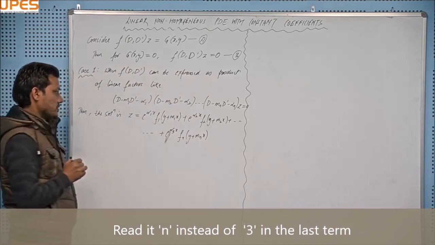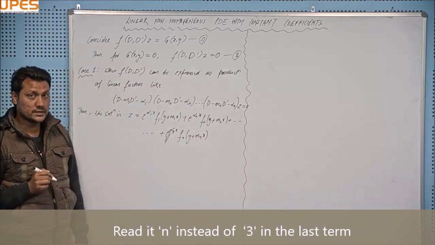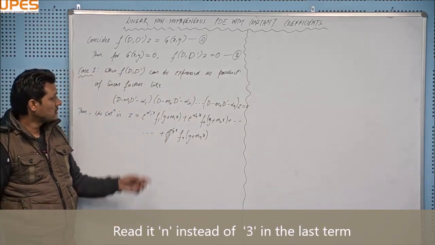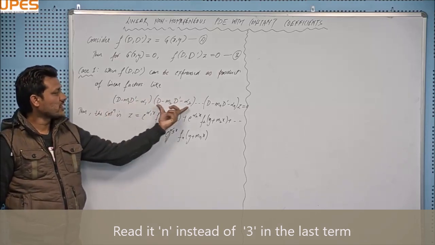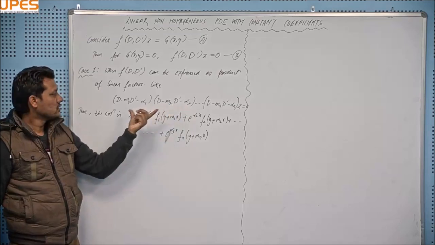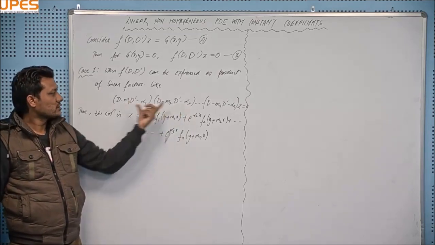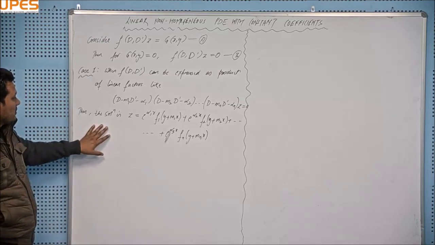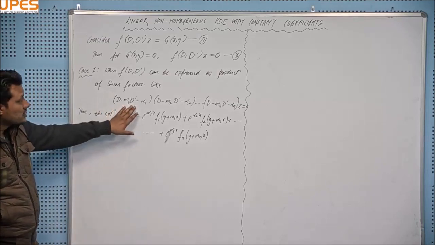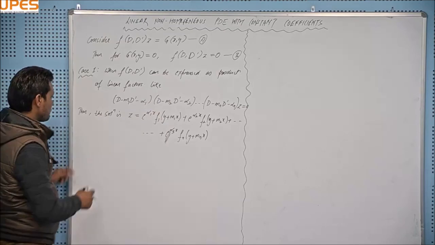This will be the solution, right? And it has been written considering that m1, m2, m3 and all these linear factors are distinct, meaning none of these factors repeat.